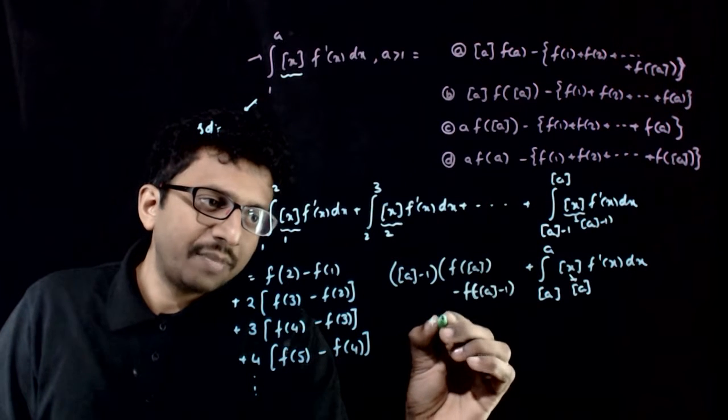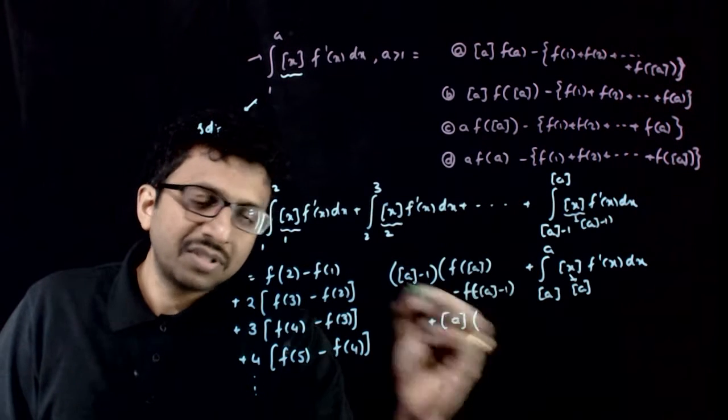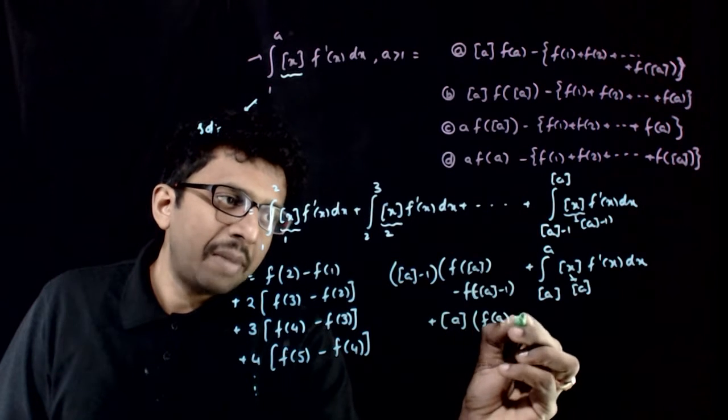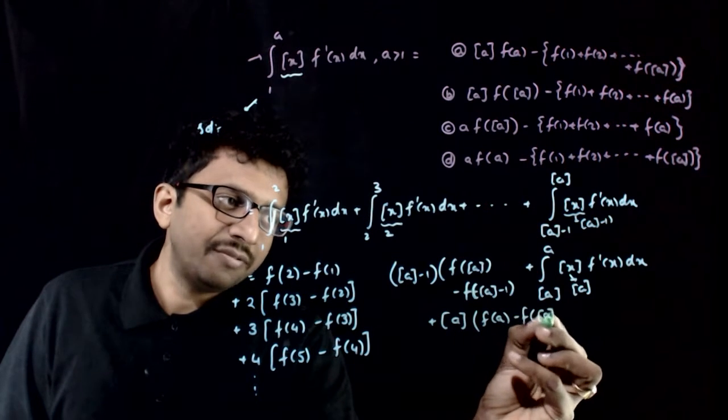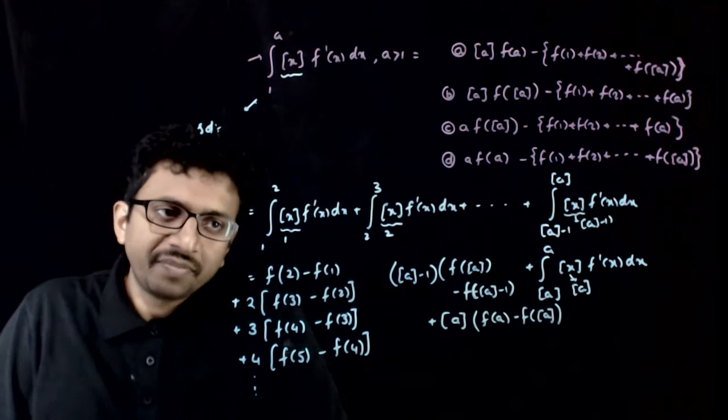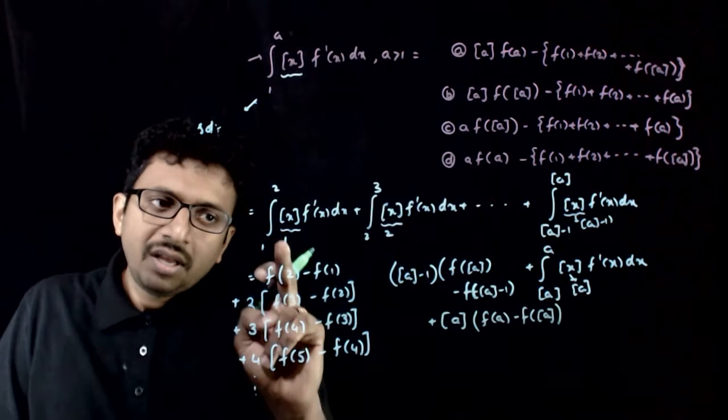Lastly, you have plus integer part of a times f of a minus f of integer part of a.